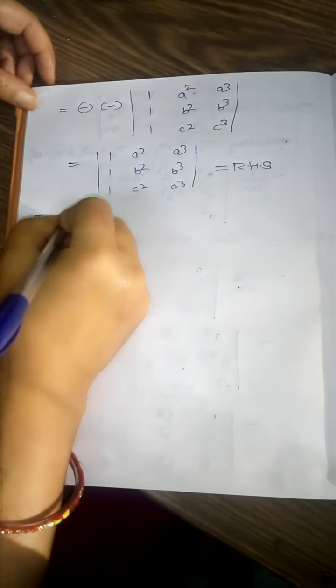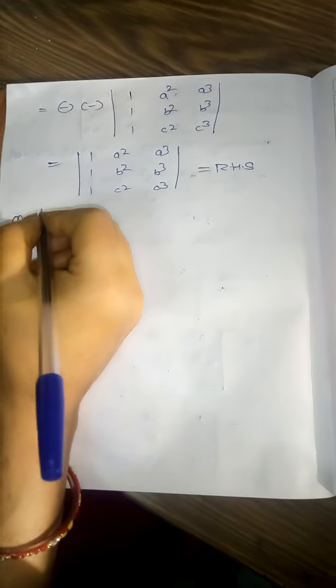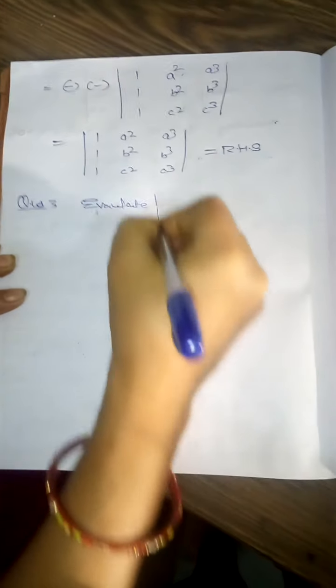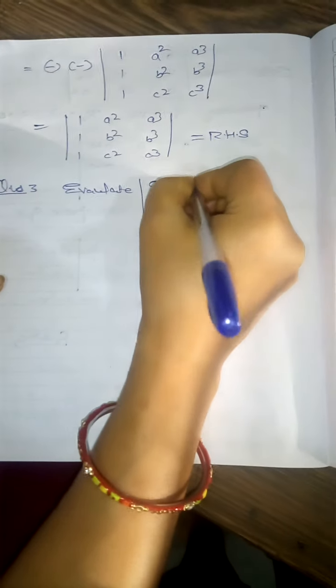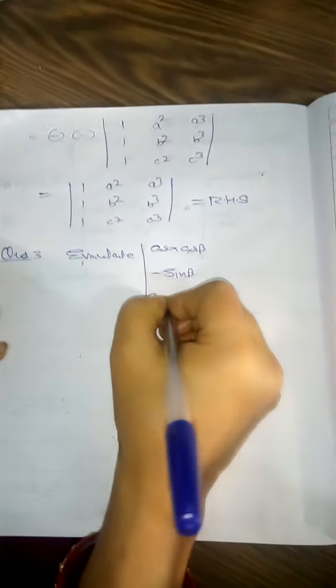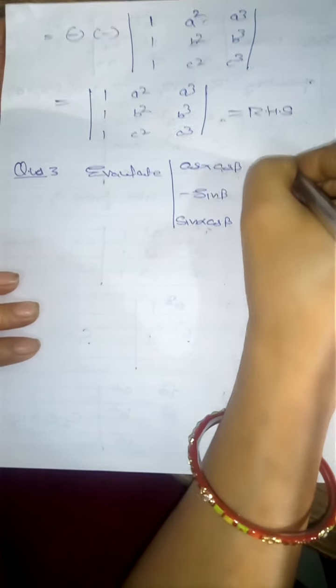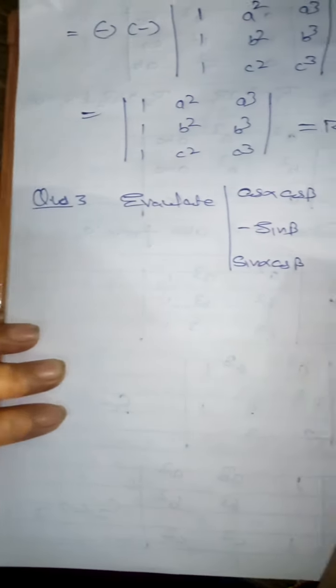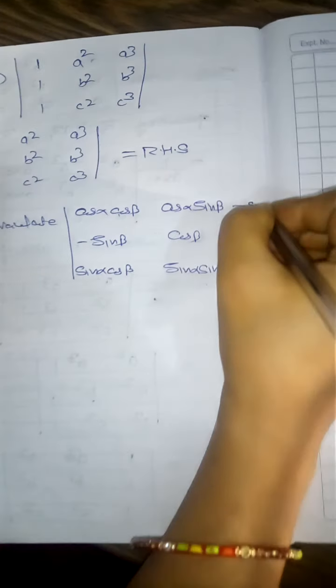Now we will solve question number 3. Question number 3 is: evaluate the determinant of cos alpha cos beta, minus sin beta, sin alpha cos beta, cos alpha sin beta, cos beta, sin alpha sin beta, minus sin alpha, 0, cos alpha.